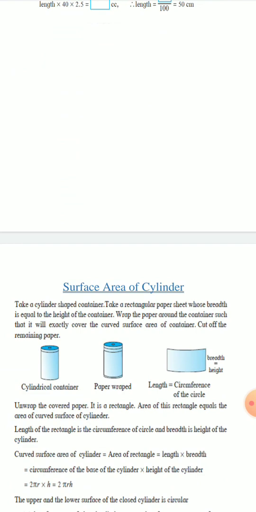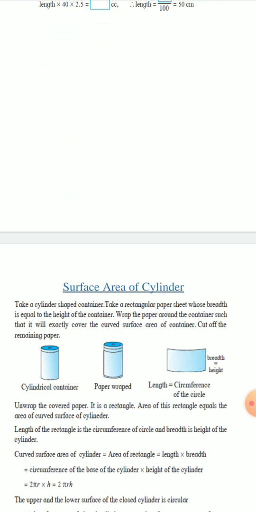Basically, you all know very well what exactly a cylinder is, but I will just give you one example. In your kitchen, you have pots in which we generally put sugar and tea powder and all these things.